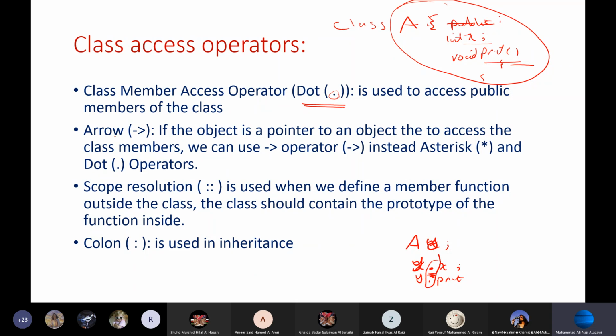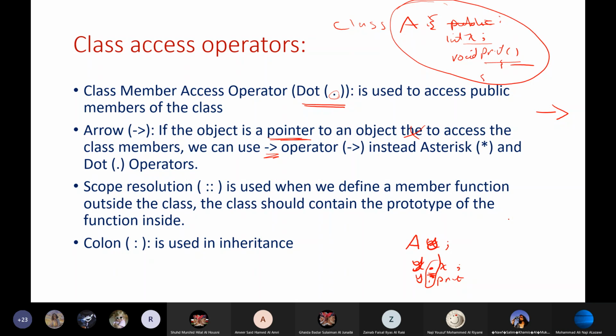All right, arrow. If the object is a pointer to an object, to access the class members, we can use this operator, which is the sign of minus and greater than, instead of asterisk and dot operators.